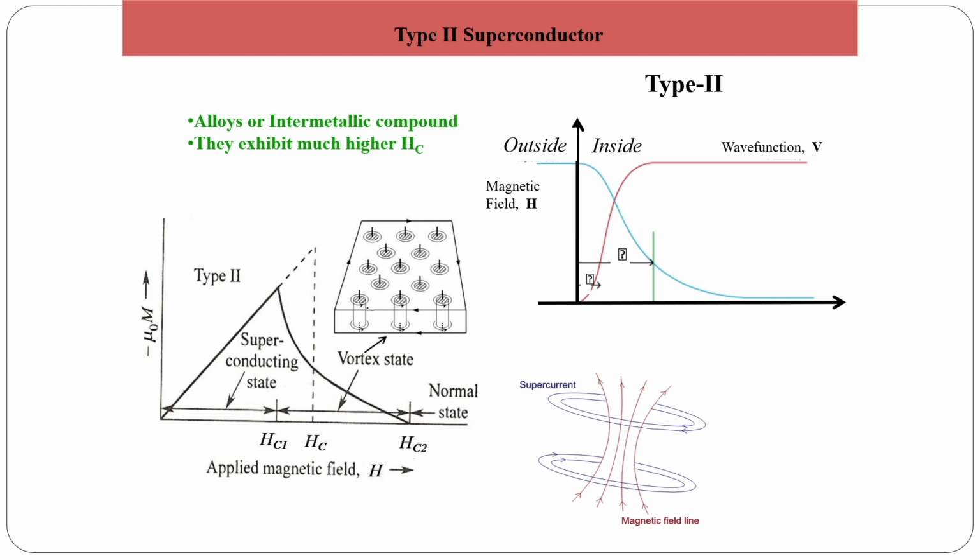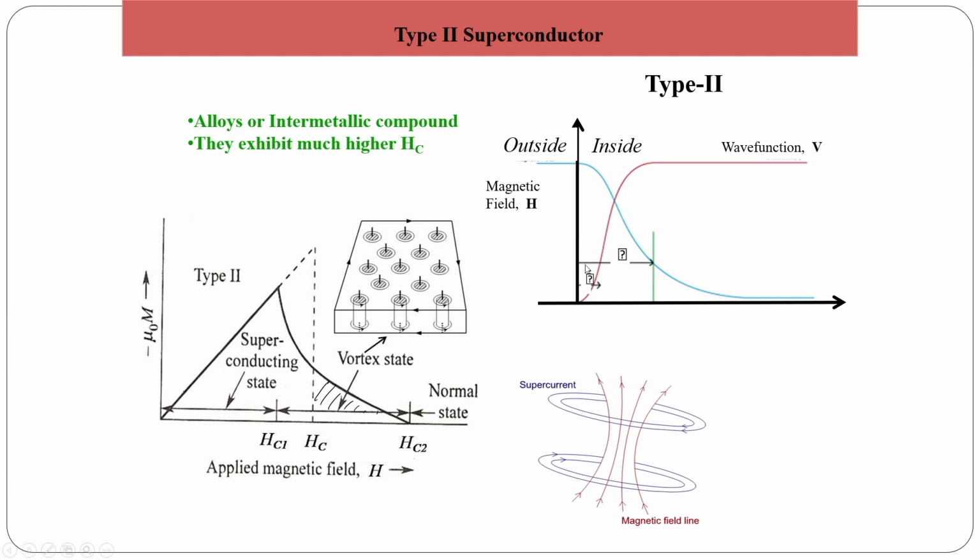One gets a vortex-like state where the flux is trapped inside in the form of vortices in this regime, beyond HC1. So, there is again minus M shown as a function of field, and again we show how H varies inside a metal.